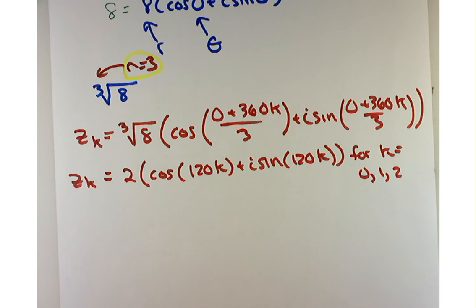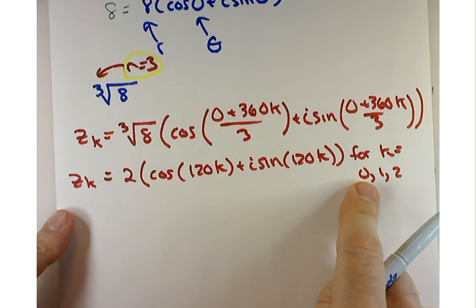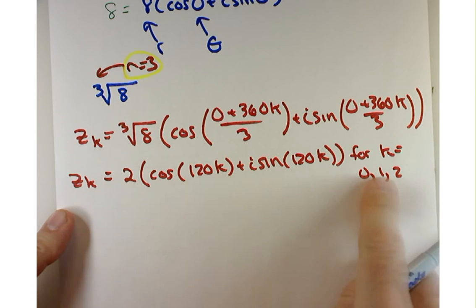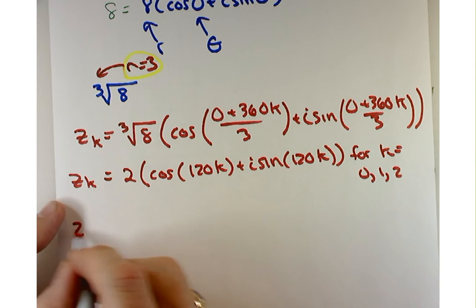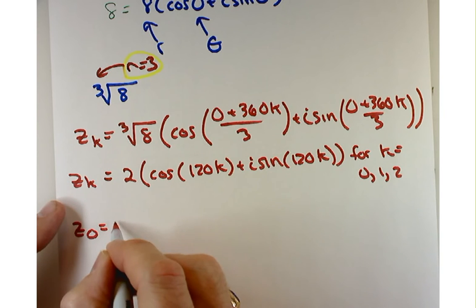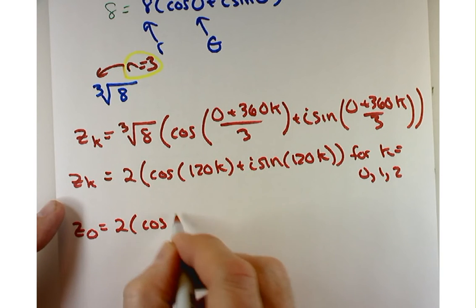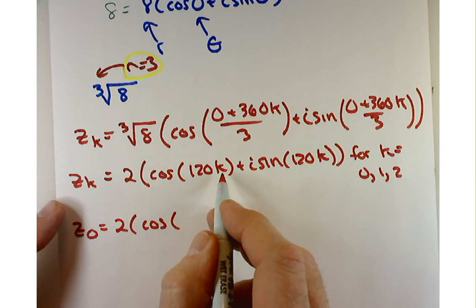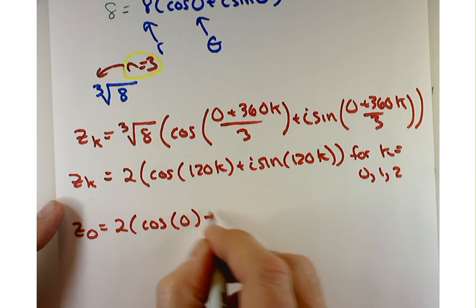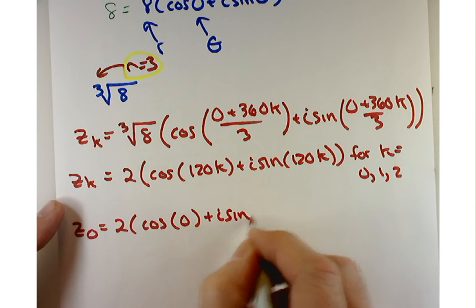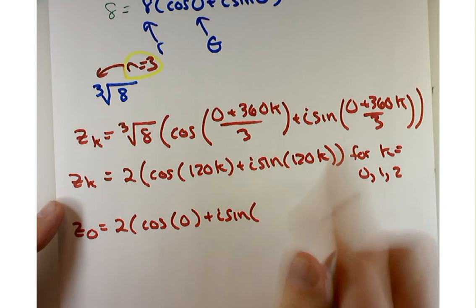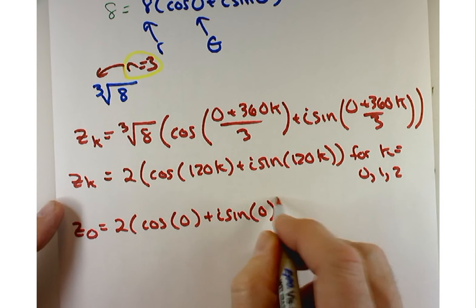I'll go back when we're done. So let's start by putting in a 0 here. z sub 0 is going to be 2 times the cosine of 120 times 0, which is just 0, plus i times the sine of 120 times 0, which is again 0.